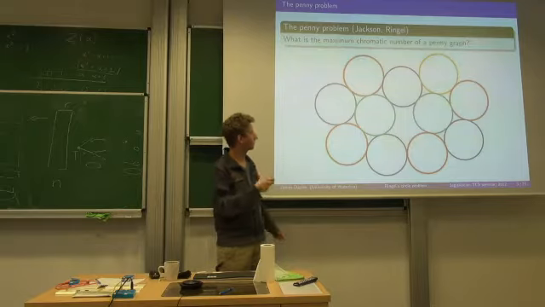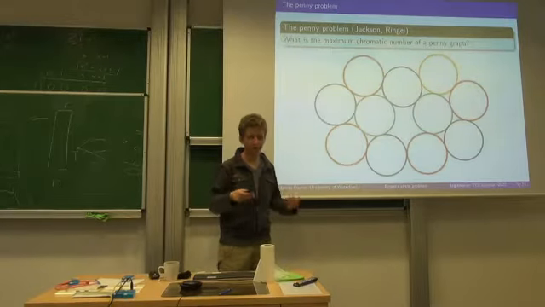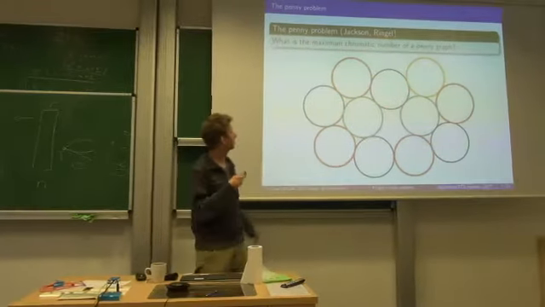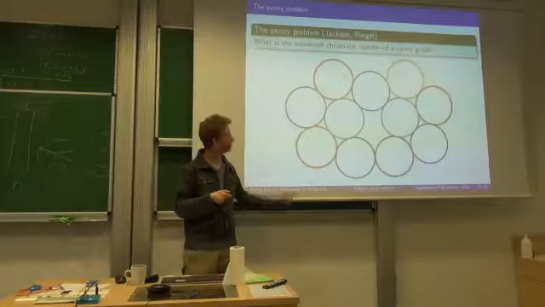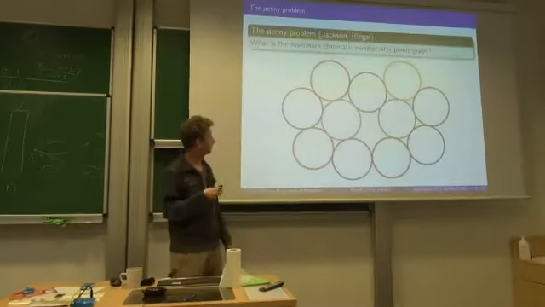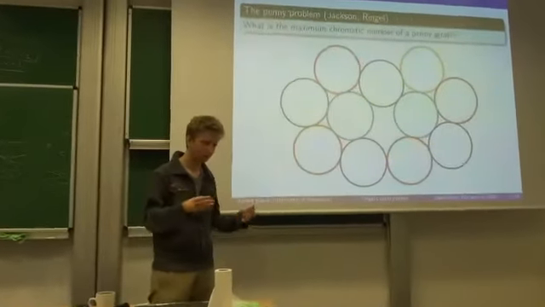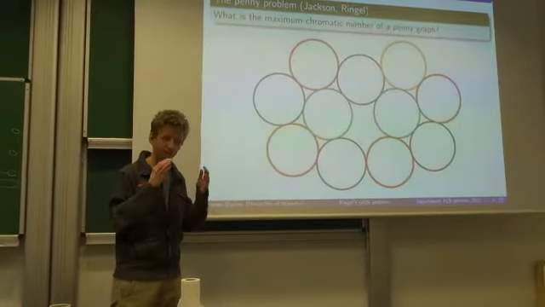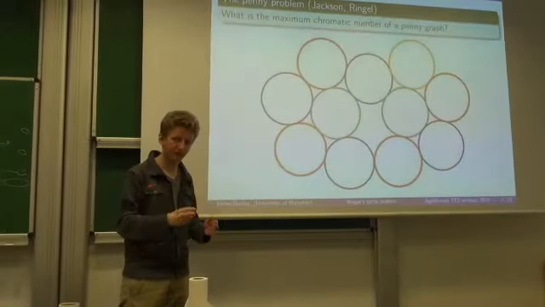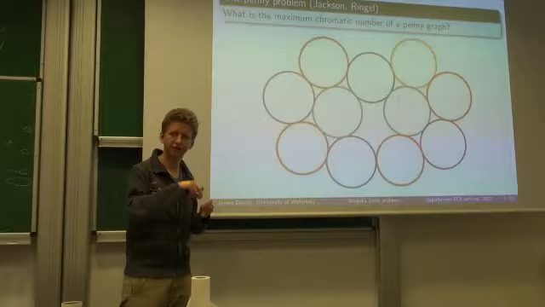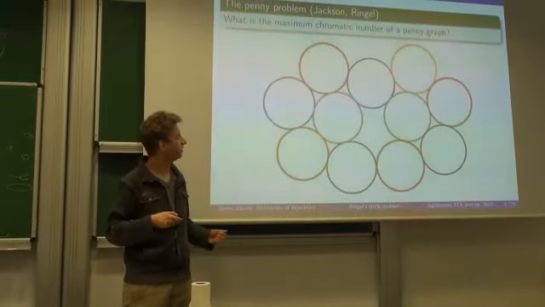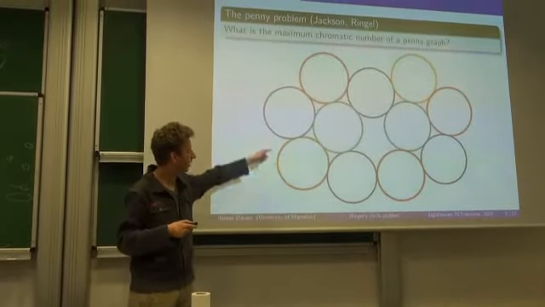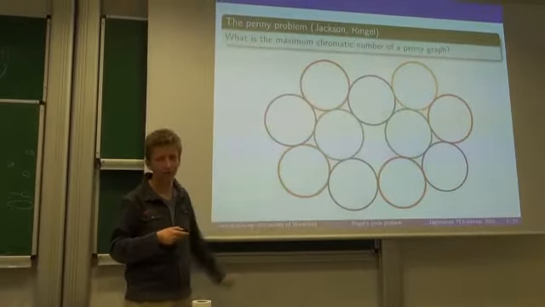The first one, which is like a warm-up and quite a nice exercise, is what's the maximum chromatic number of penny graphs. Penny graphs are tangency graphs of circles where our circles are all of the same fixed diameter, like the size of a penny, diameter 1, say. We also require that our pennies are non-overlapping.